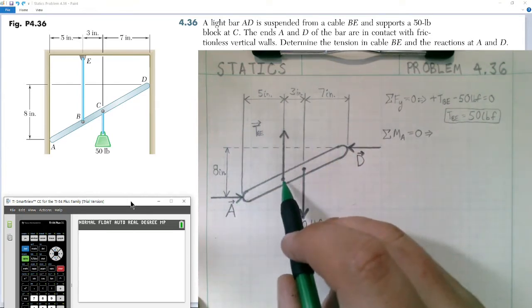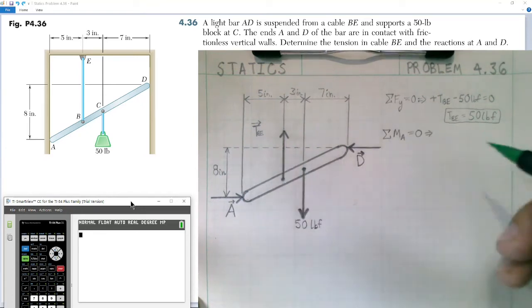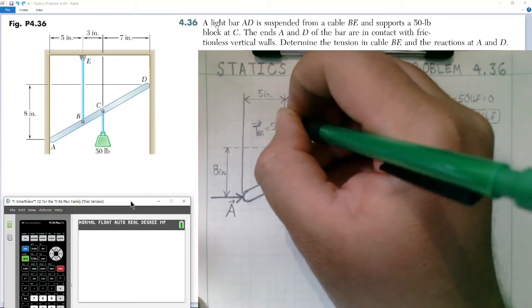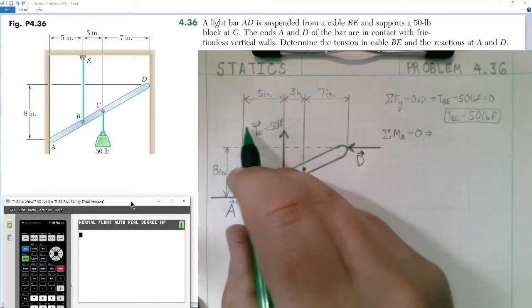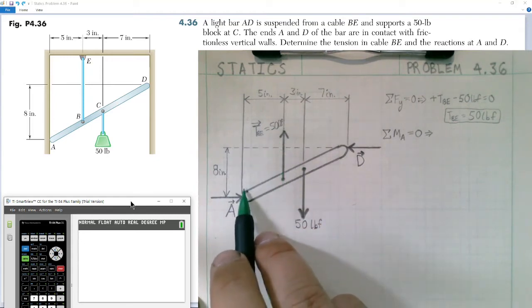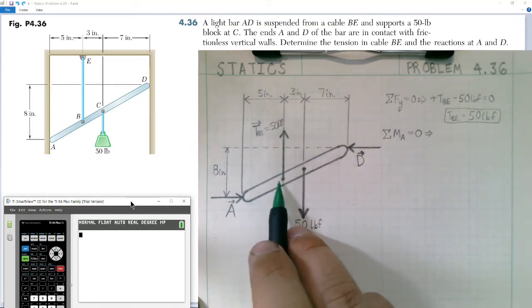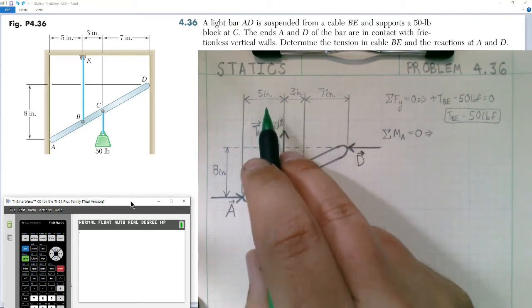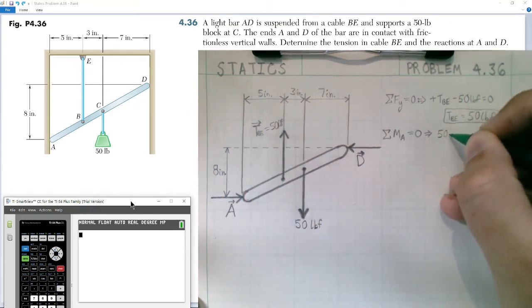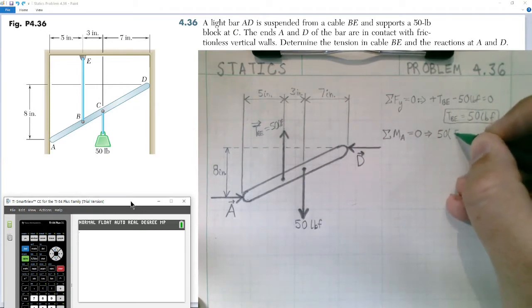We have this force, tension BE, which we know is equal to 50 pounds. This is creating a counterclockwise moment about A. The perpendicular distance from point A to point B is 5 inches, where the force is being applied. So the moment would simply be 50 pounds multiplied by 5 inches.